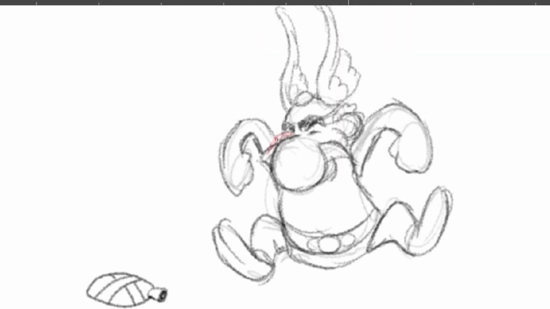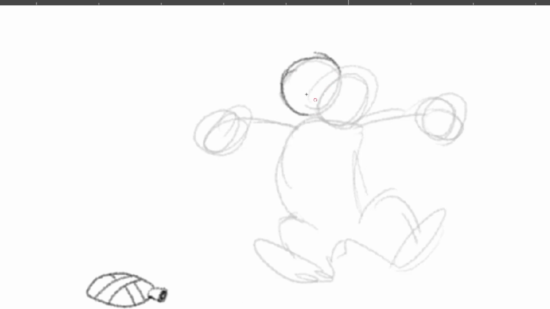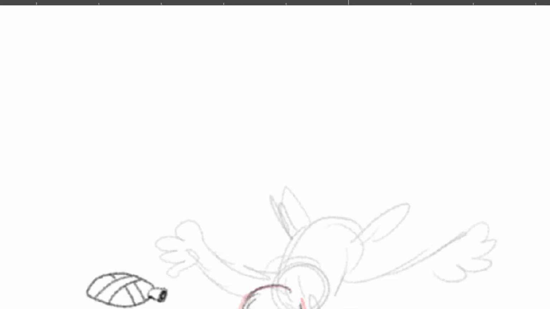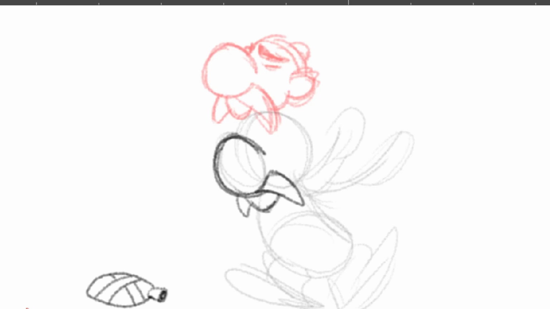So yeah, I would say that is conventionally the way to animate, by focusing on getting those basic shapes and those basic proportions, and then going from there, which is true.